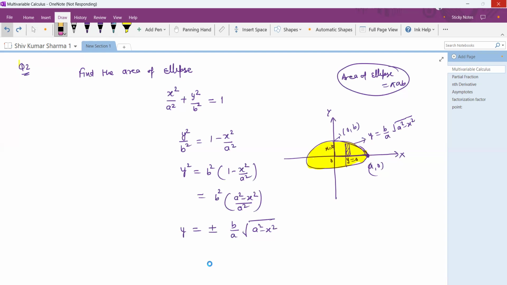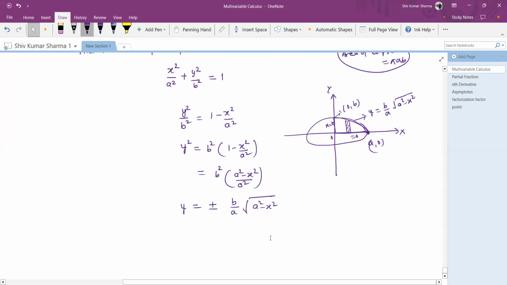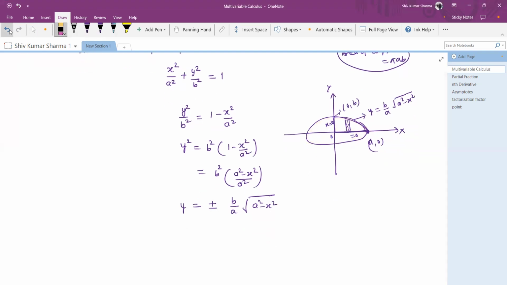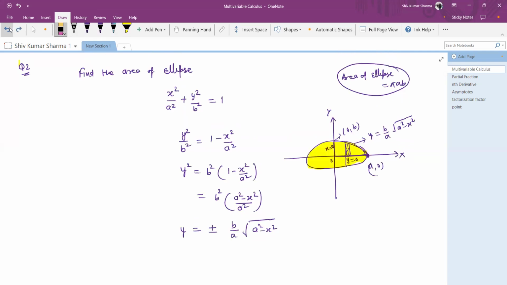Now, what are the limits of y? First we calculate the limit of x. The limits of x are x equal to 0 to x equal to a.